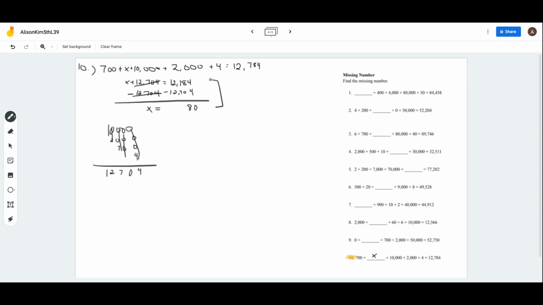So our missing number, or x, will be 80. And once again, you can always check your answer by plugging the x in, or by adding 80 to 12,704, and you should get 12,784. So this worksheet is actually very similar to the first worksheet.